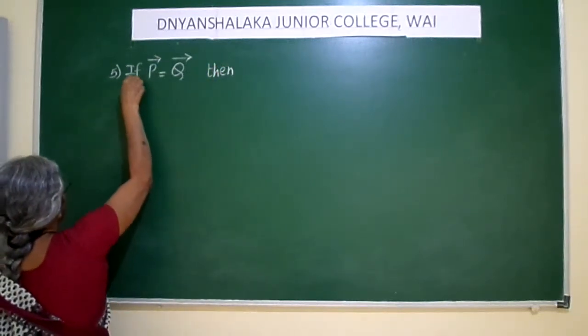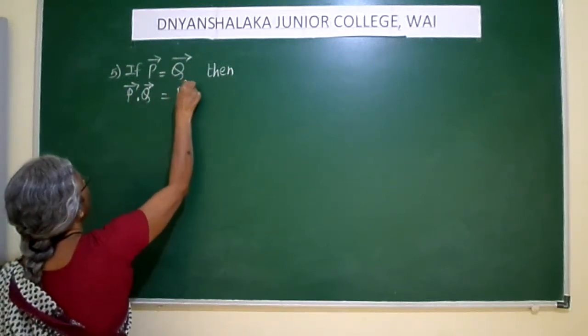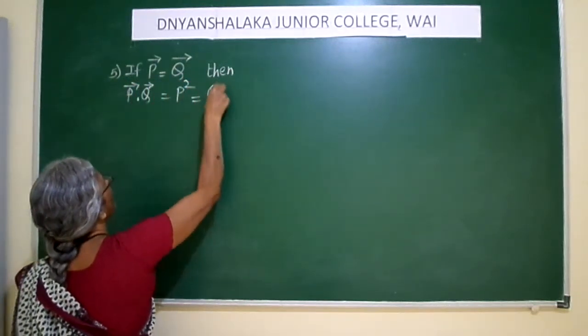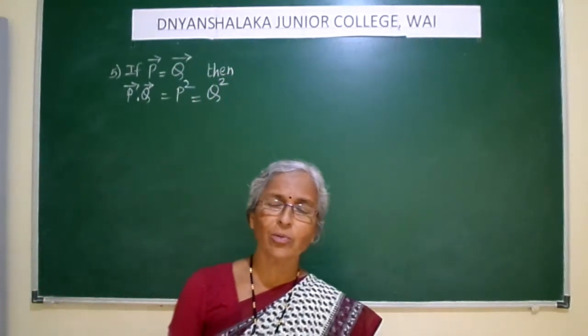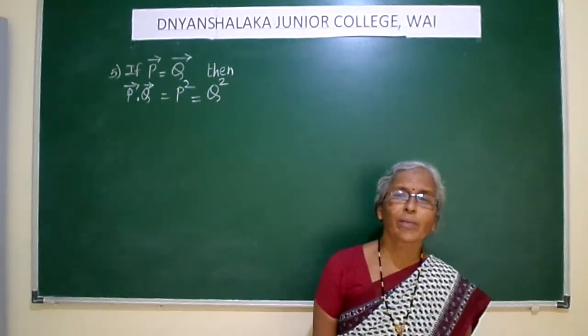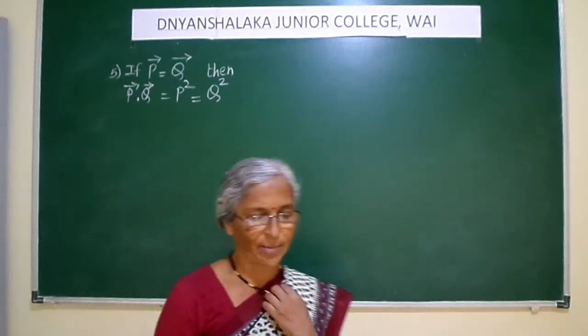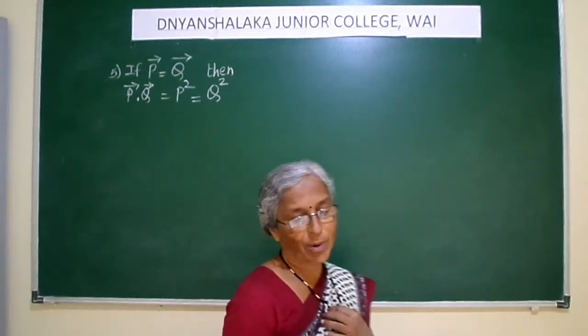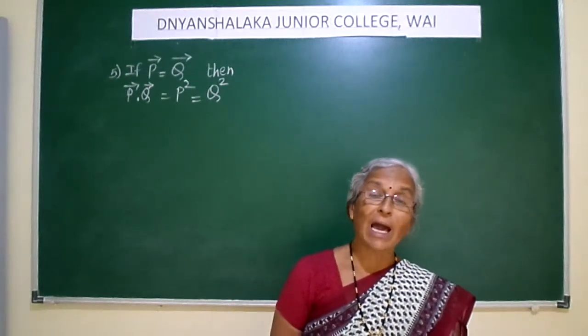Vector p dot vector q will be equal to either p square or q square, because p is equal to what? q. So vector p dot vector q will be equal to either p square or it will be equal to q square.